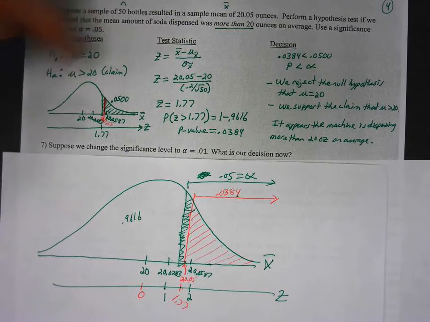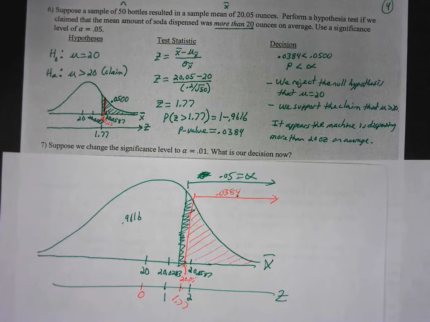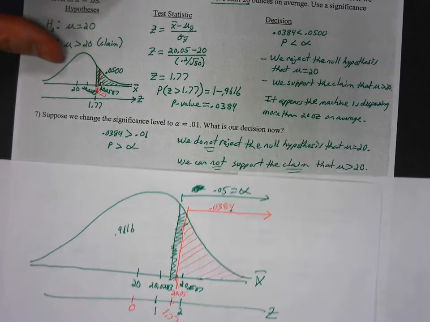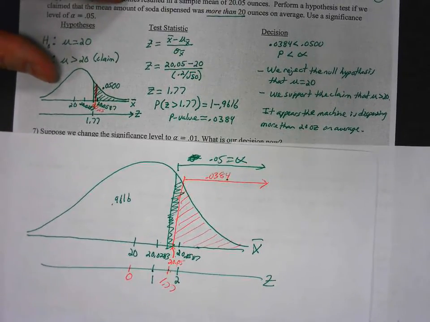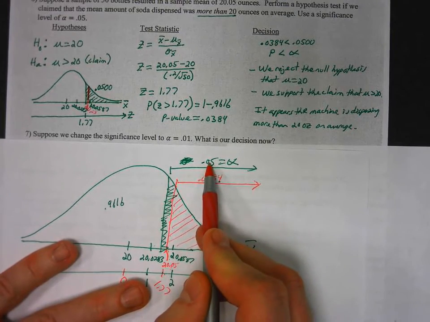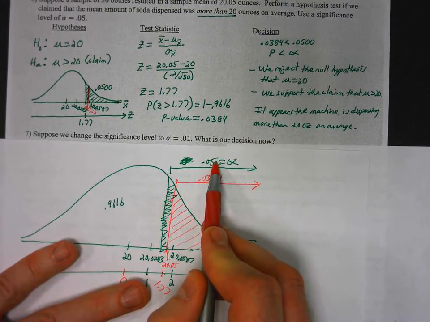Suppose we change the significance level to 0.01, number 7. What is our decision now? Well, let me show you right on the diagram I have here. Instead of alpha being 0.05, now we're going to say it's 0.01.